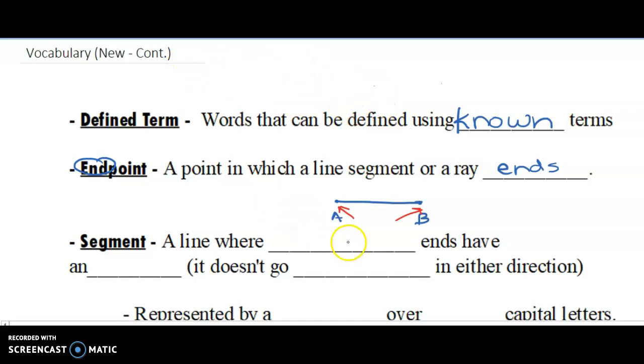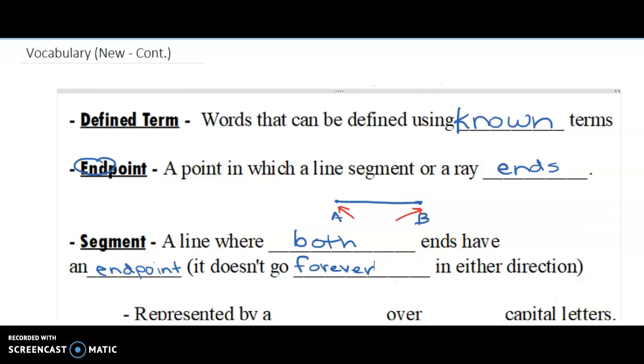So recall the first video you watched. A segment is a line where both ends have an endpoint. So this AB would be a line segment. It does not go forever in either direction.